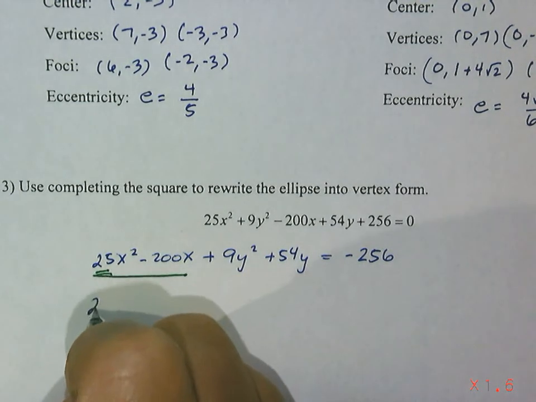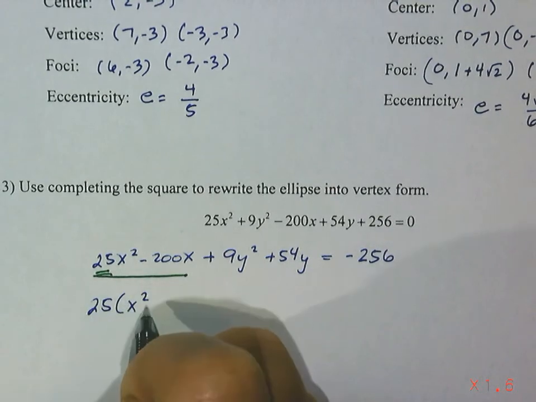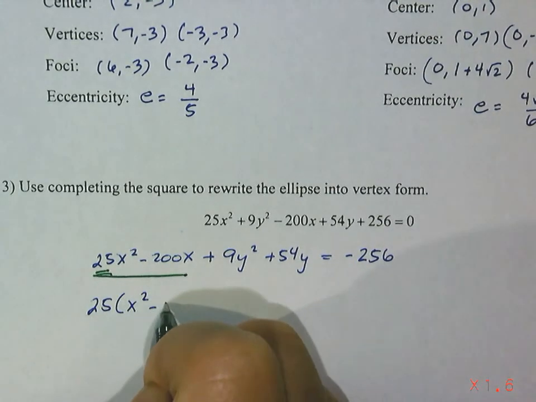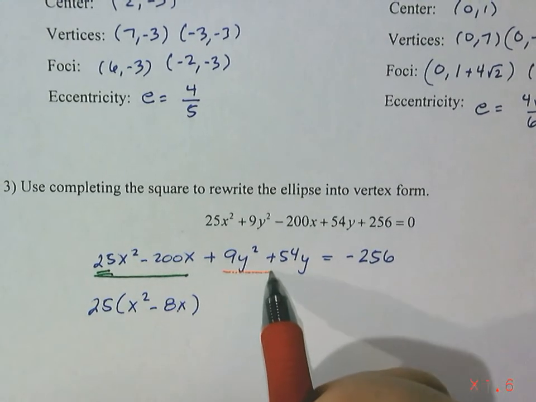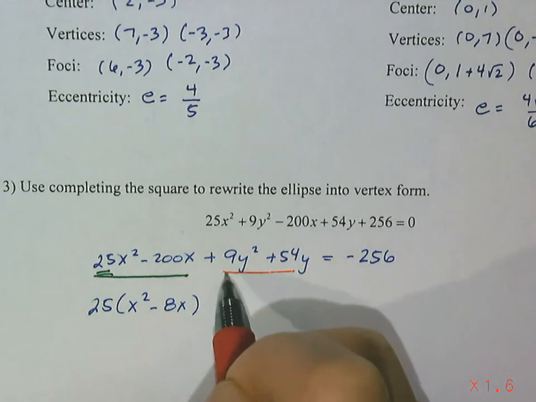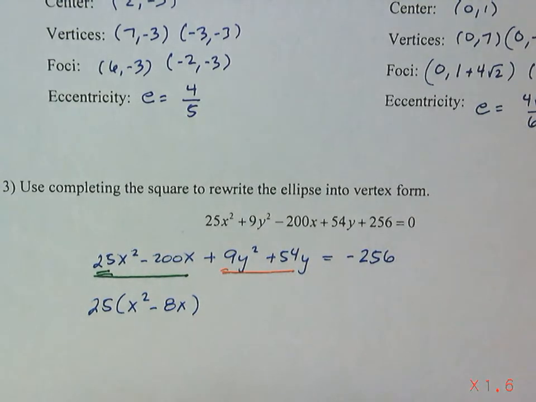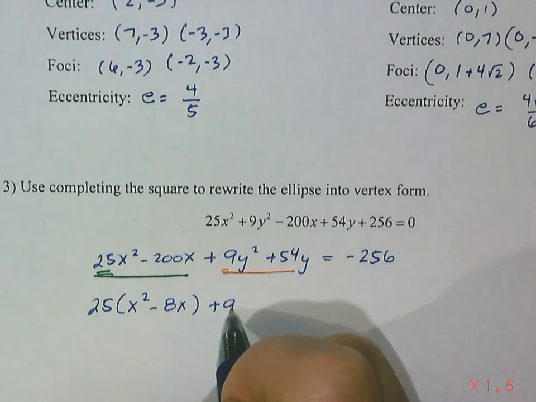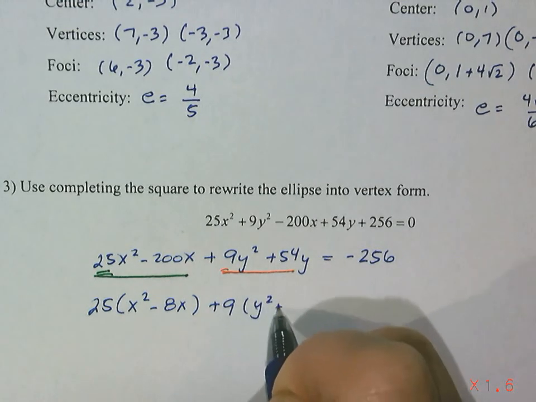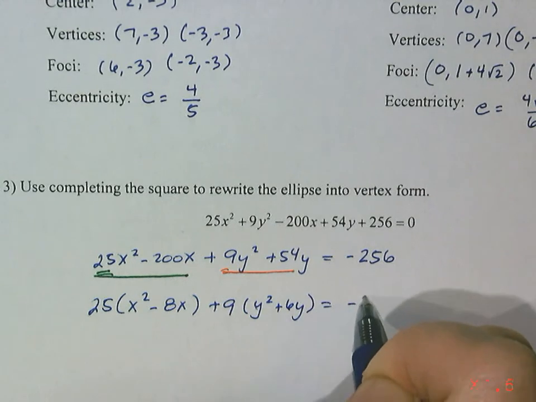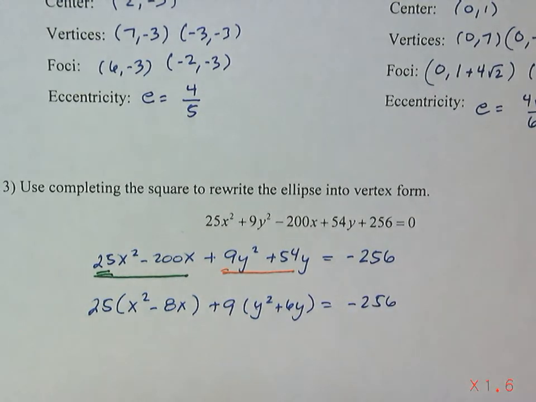So I have 25 times x squared minus 8x. Here, I have to factor just the 9 from both of these y terms. So I'm going to have plus 9 times y squared plus 6y equals negative 256.